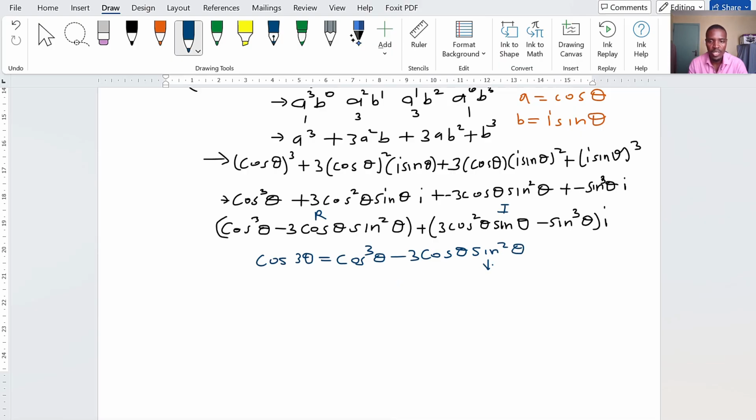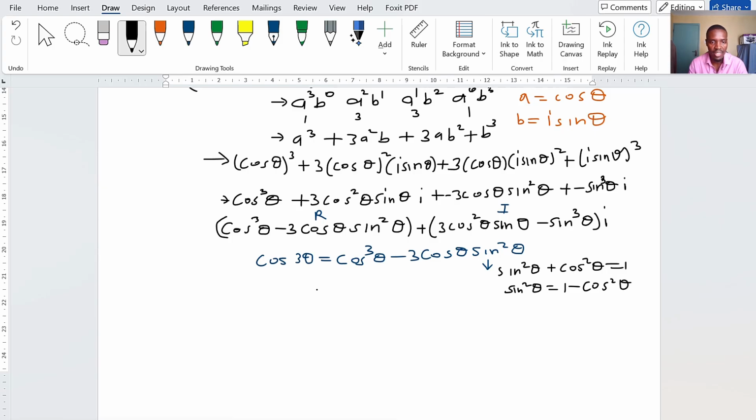Now we need to express this. Using the Pythagoras theorem of trigonometry, we know that sine squared theta plus cos squared theta equals 1, meaning sine squared theta is just 1 minus cos squared theta.